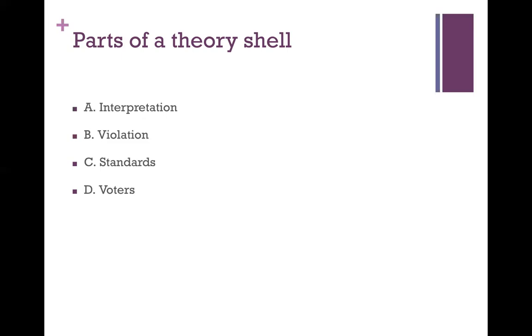It's pretty straightforward. Standards are kind of like contentions, essentially. Well, that's a weird way to phrase it, but standards are essentially things that are unfair, or things that the unfair practice leads to, or things that a more fair practice would lead to.